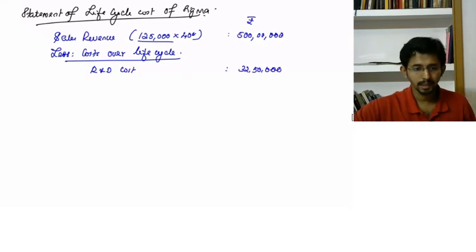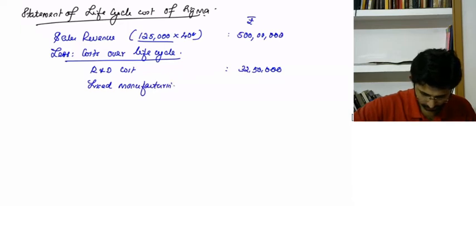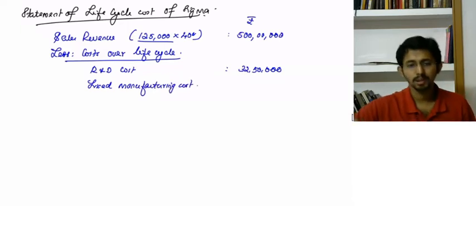Okay. Then we will take the fixed manufacturing cost per annum. What is the life cycle, the duration of this particular product? It is not given anywhere.